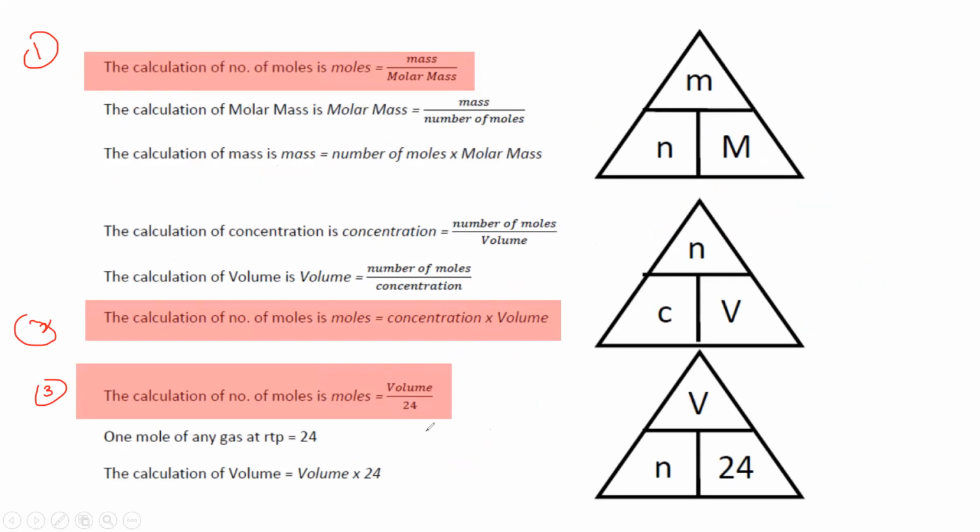Anyone having a doubt related to the topic today? So today we discussed how to find the moles by using a ratio or a formula. In the next session, we'll do questions from different past papers related to this mole topic.